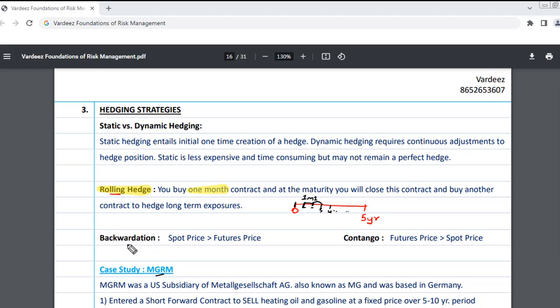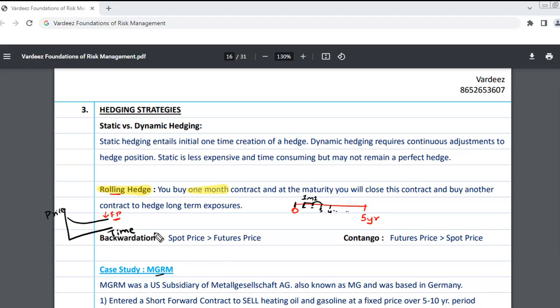Okay, talking about backwardation and contango. Now backwardation is something like, for example, we have time over here, and this is the price. As you can see, this is the futures price as we go through time, and the prices are actually falling down in the future.